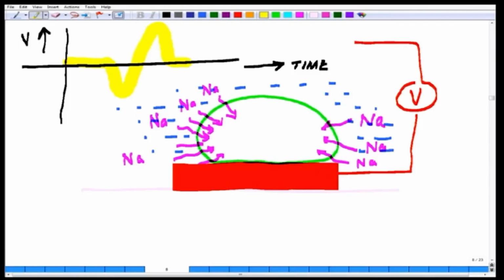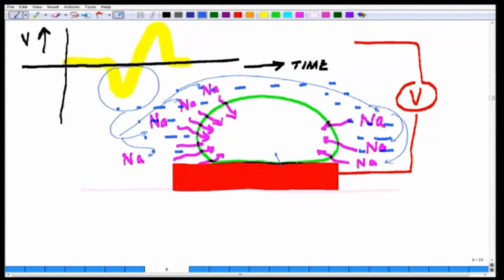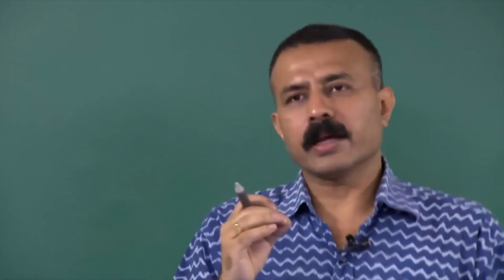So, this is the zone where the sodium ions are getting in. This is where the electrode will experience as if, locally for a while, all the positive charges have moved in, and on top of the electrode you will see a slight negative.